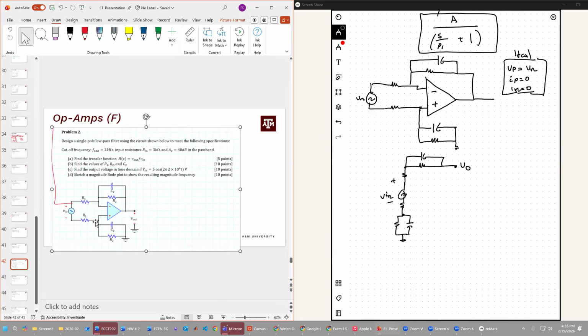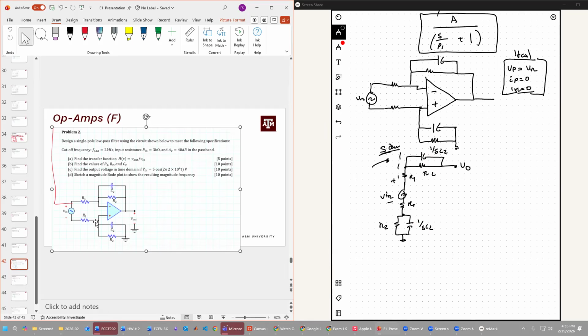Now, right away, we're going to transfer this to the S domain, right? Very simply. So we have these R's and C's in parallel. So we have this R2, C2. So I'm just going to quickly call this 1 over SC2. And then we have this 1 over, oh, it looks like they're all SC2s. Okay, nice. And this is R1, this is R1.